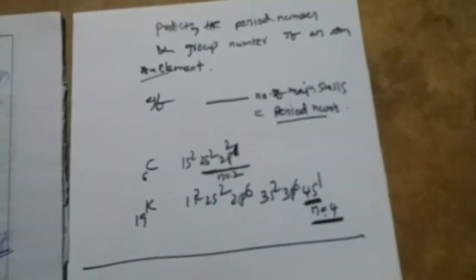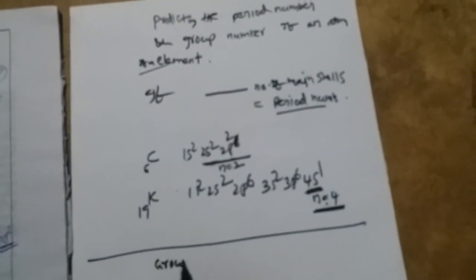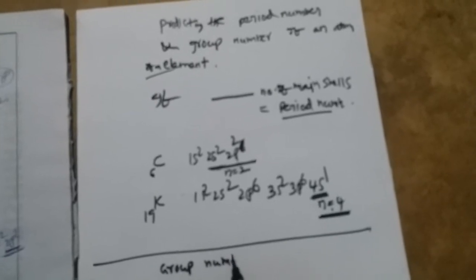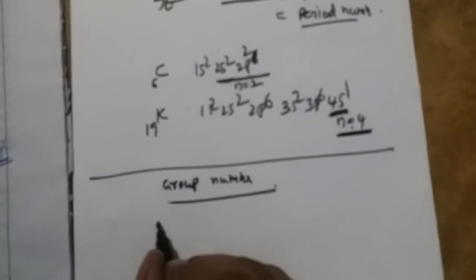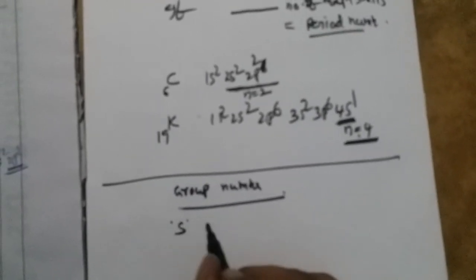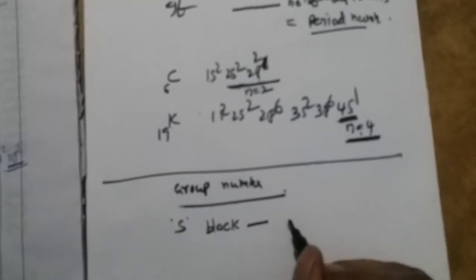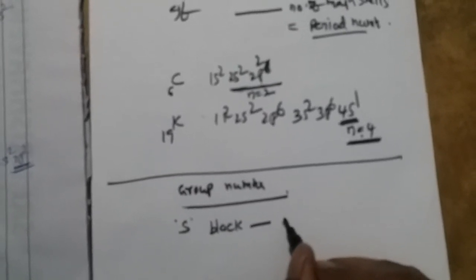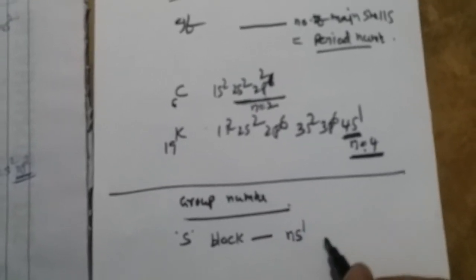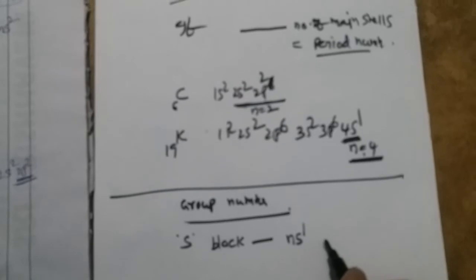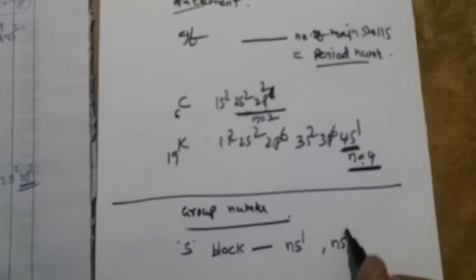Now coming to group number. The group number will be predicted for S block elements: if we write the electronic configuration and the valence electron configuration is ns1 or ns2.